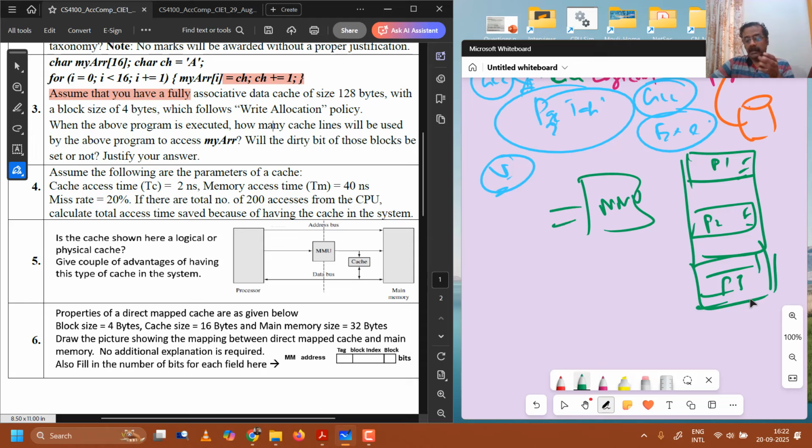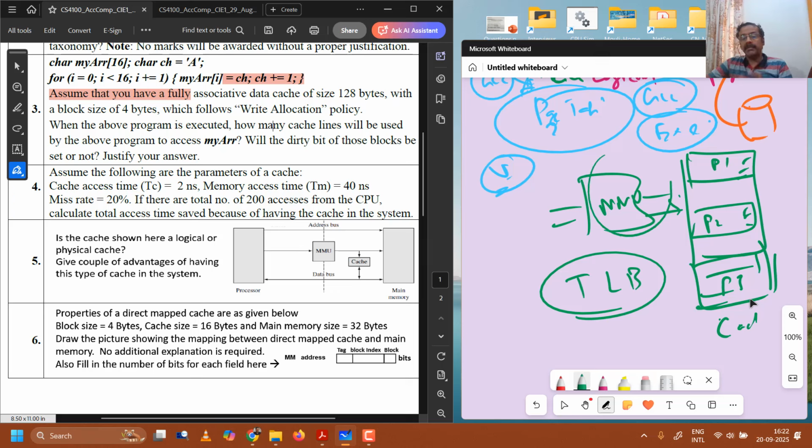So the MMU translation is not going to happen frequently, because it is going to look into the TLB instead of going to the MMU to get the address translated. So more frequently the TLB is going to have a hit, and you can ignore the time taken by the MMU in our discussion.